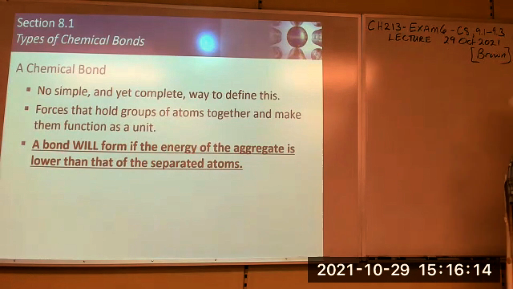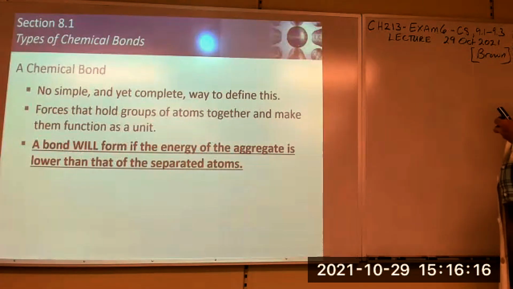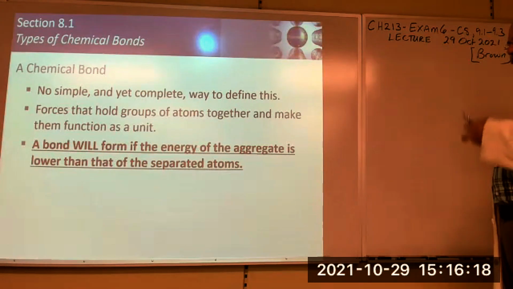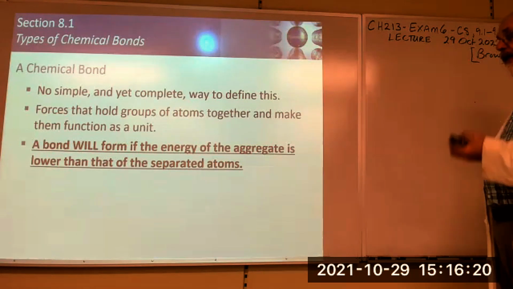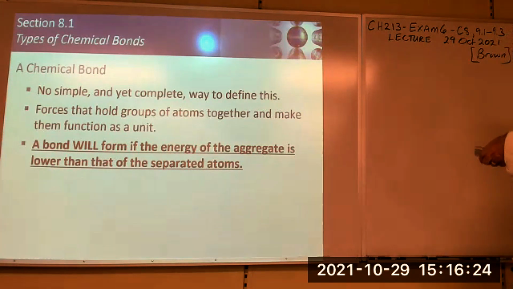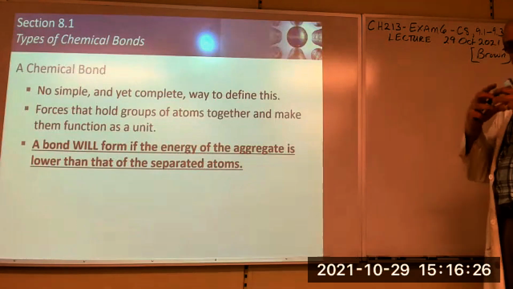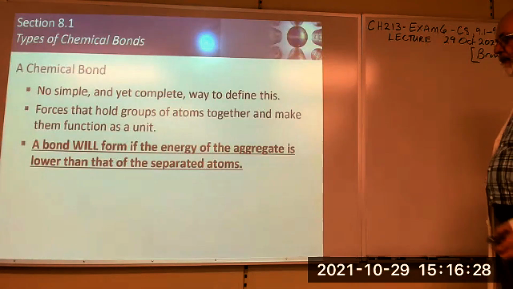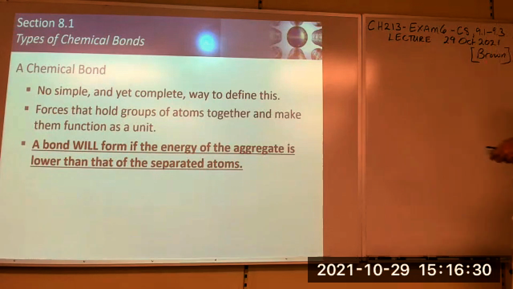So in general, we can say a chemical bond is another way of saying the force that holds one atom to another, or one group of atoms to another, so that they function as a single unit. And this is a good general statement also. That's why I put it in bold and underlined it.